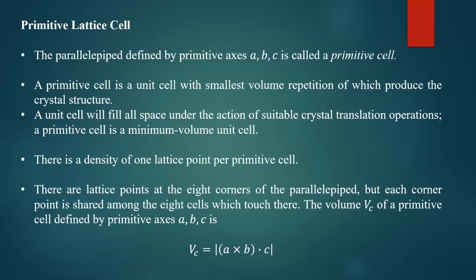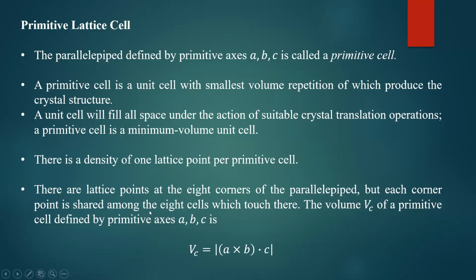Then the volume of this parallelepiped is given by the modulus of A cross B dot C. It is a vector product, called the vector triple product. The vector triple product gives you the volume of the parallelepiped, as you might have studied in mathematics. So this is the volume of the primitive cell, if A, B, C are the length, width and height of the unit cell.